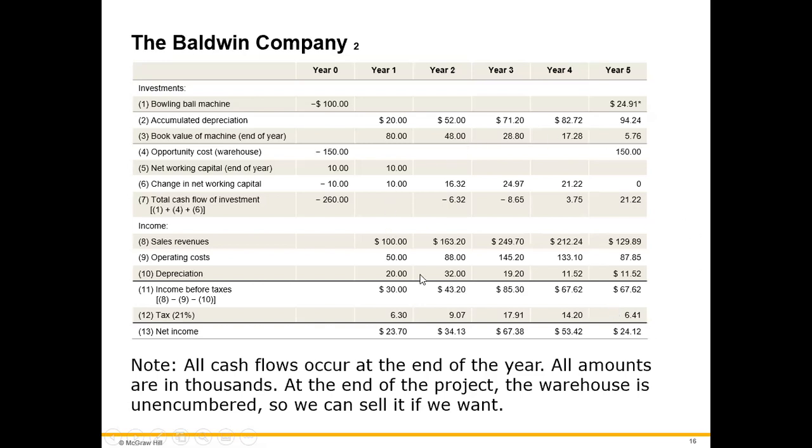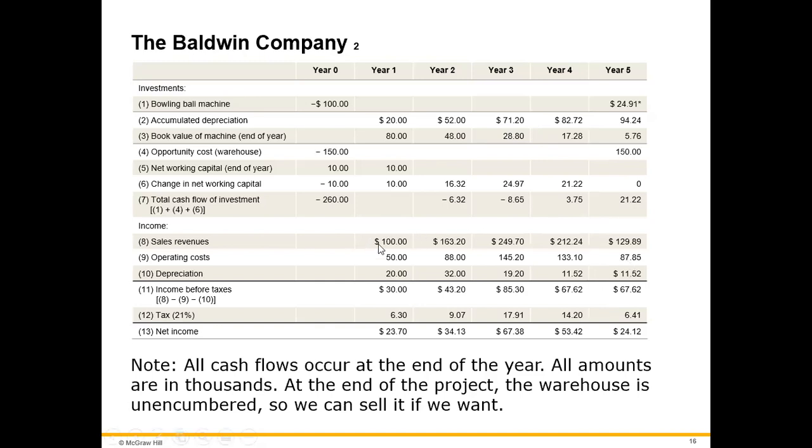So since this is only going to be used for 5 years, you would calculate the depreciation accordingly. If this was a 7-year life bowling ball machine, you would have used the 7-year column. Each year, calculate the depreciation expense based on the percentage in that column for that year.